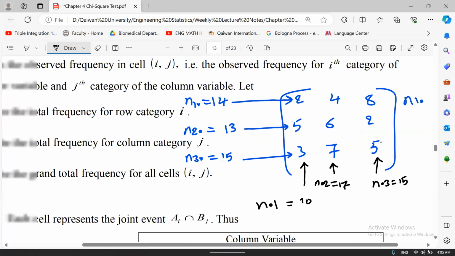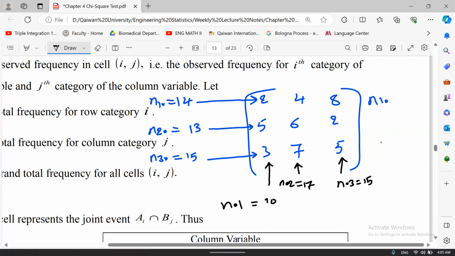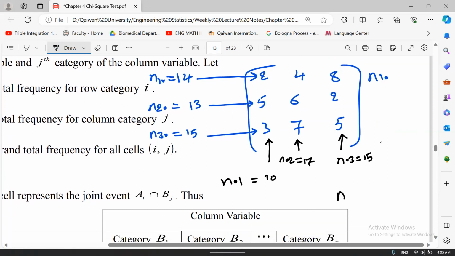Okay, how about n double dot? That's the sum of all elements in the matrix. Here, n dot dot is the sum of all elements in the matrix.